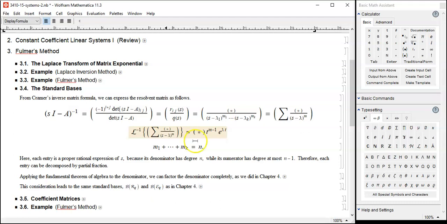And then I have a bunch of those, so I'm going to get a summation of all those. And this is for each entry of the matrix, because we are taking the Laplace inversion of each entry. So we're going to get this kind of matrix expression. So that is the matrix exponential.